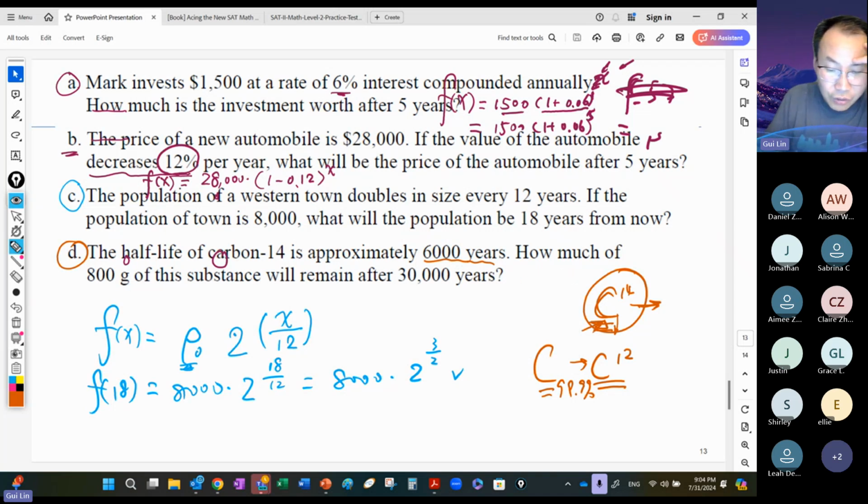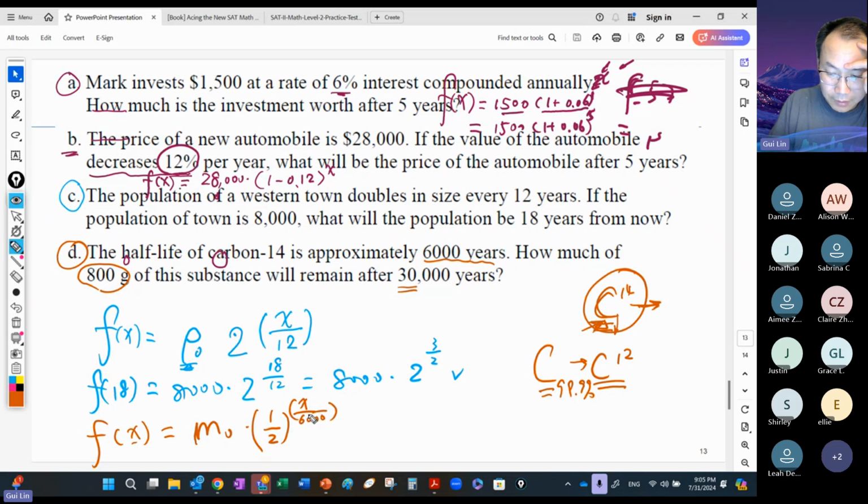How much of 800 grams of the initial material will remain after 30,000 years? The final weight is related to the years. The initial weight times one half, so here we do not use 2, we use one half. Every 6,000 years, the material becomes half of the initial weight.